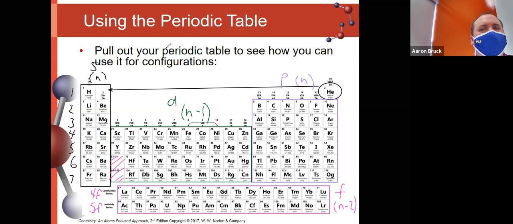This level of ambiguity is one of the reasons why, as far as configurations are concerned, the only time we will see F block elements come into play is if we are buzzing through the F block to get to somewhere else. So if I need to do the electron configuration of gold, for example, gold, element number 79.